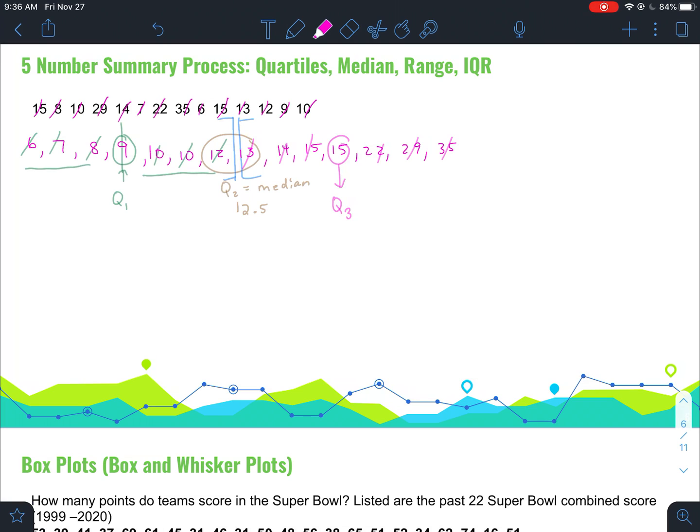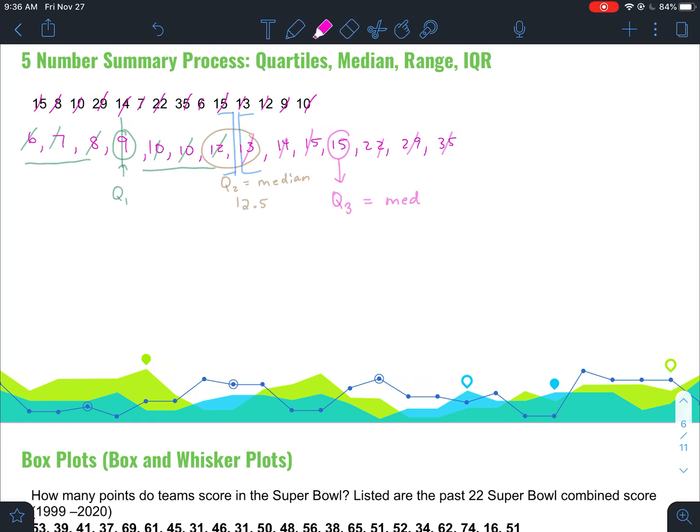So 15 is going to be what we call Q3. And that's going to be the median of the upper quartile. And then Q1 is the median of the lower quartile.